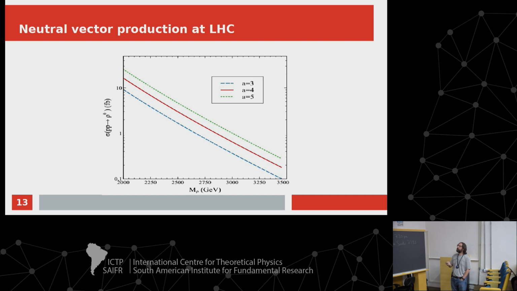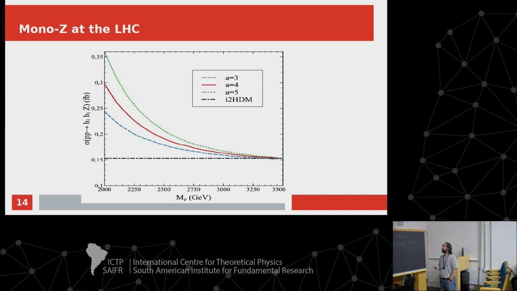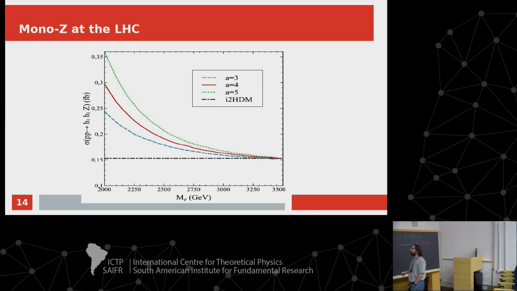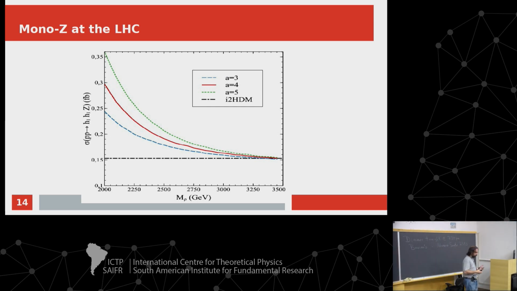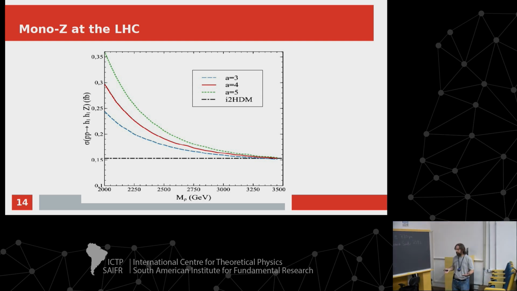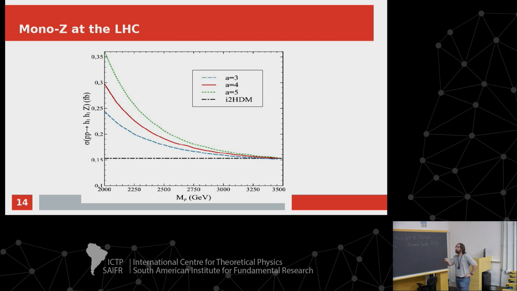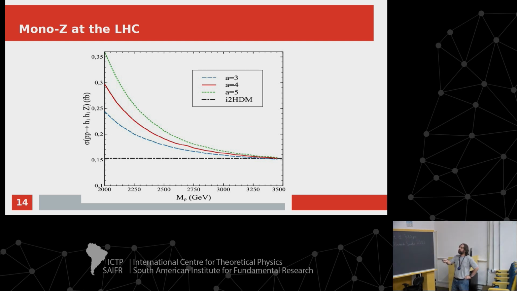You can see that the cross sections are quite small, but the new vector produces an enhancement of the cross section in the case of the monojet production compared to the prediction of the original inert doublet model, especially in the region where the vector resonance is light. Light, I mean relatively light.